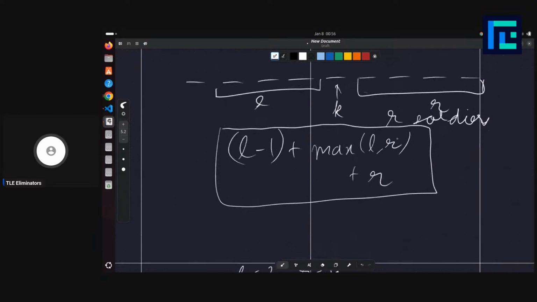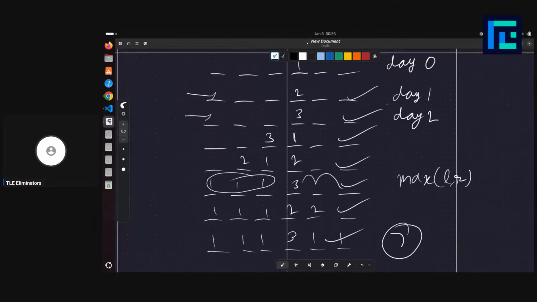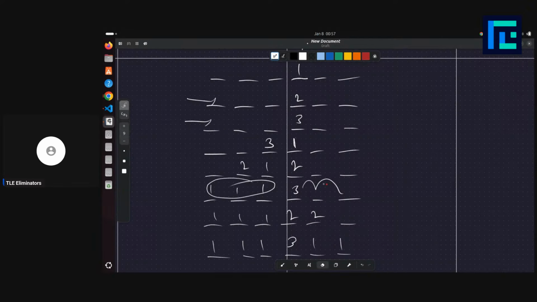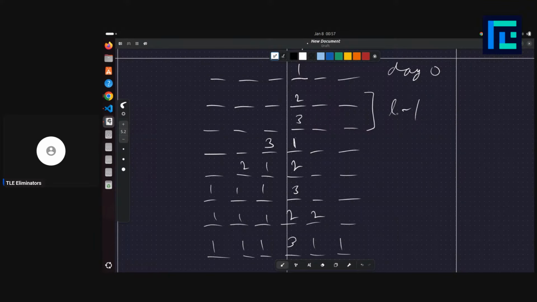Like in this example, you can see. I'll show you what happens in this example. This was the example. So initially this was day 0. It is not counted. Then for L minus 1 days you waited, right?